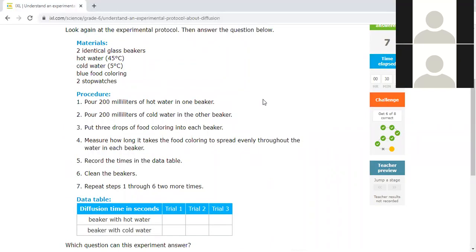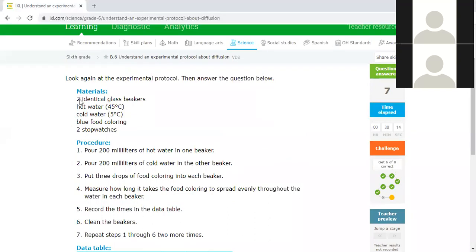So let's see which ones we have. We have 2 identical glass beakers, so there's no way it's the first one because they're identical, and the first one says that the beakers are different sizes. The last one talks about different temperatures, which is true because we do have one that's hot and one that's cold, so that one can work.